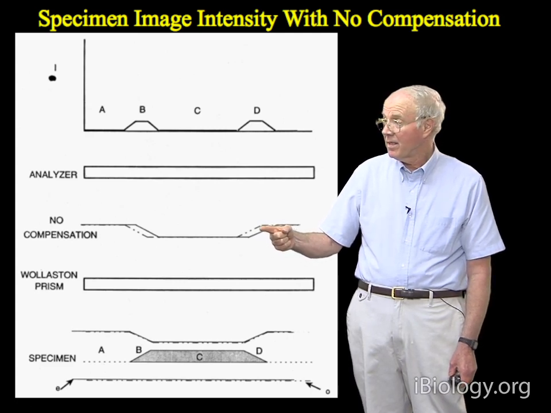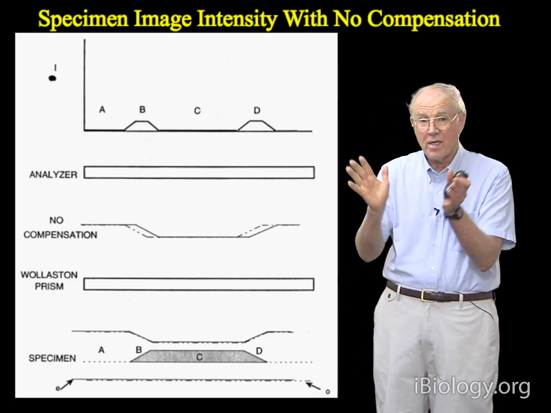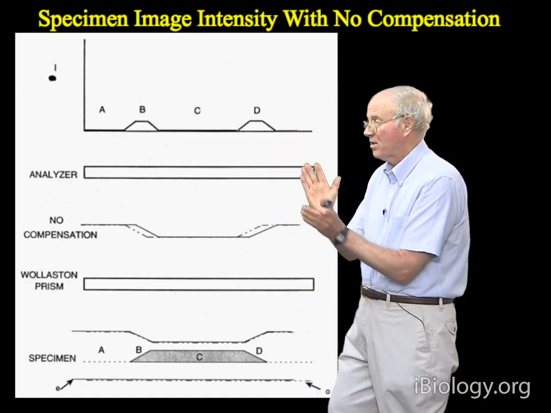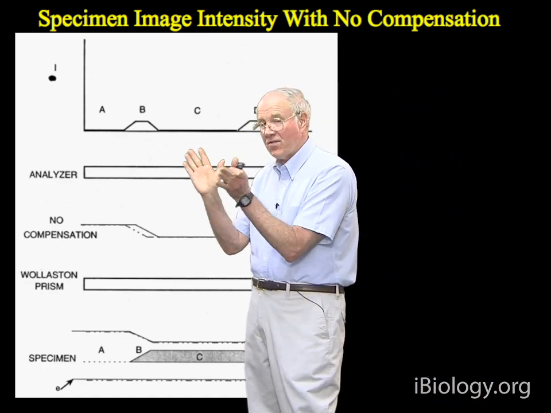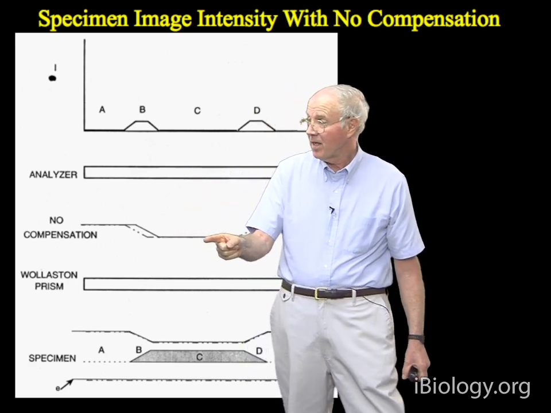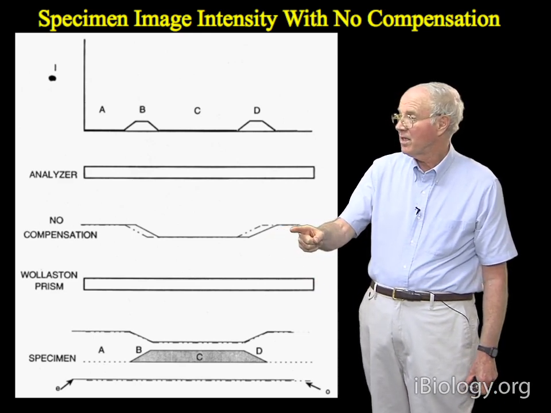Now each of these, the E wave and the O wave, these orthogonally vibrating waves that go through the prisms and the specimen and so forth, have the same amplitude, but at this stage, in the background, in the region corresponding to A, they have no retardation difference.